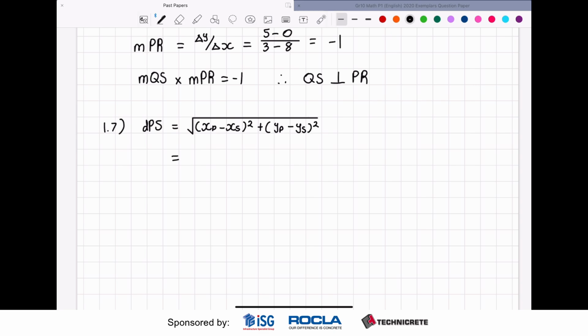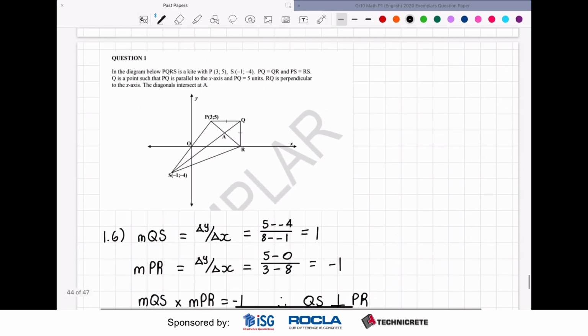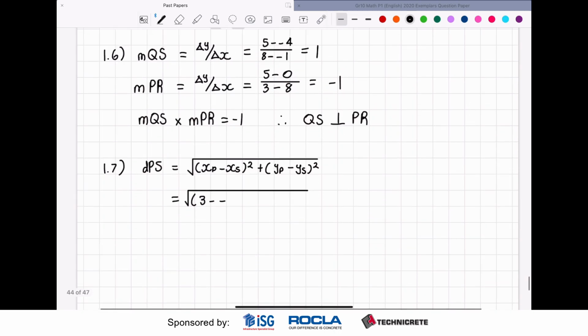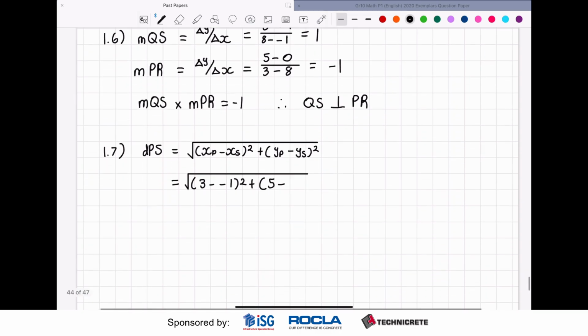And I'm going to substitute in the values. So xP was 3, and that's minus xS, which is minus 1, all squared, and the y of P was 5, minus the y of S, which was negative 4.